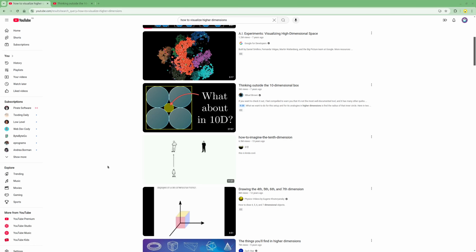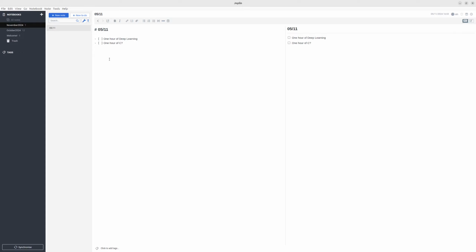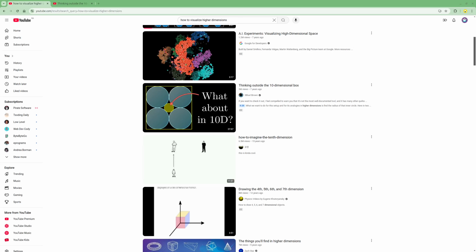So let me just write here before I even continue. So let's continue our deep learning from the activation function chapter. I'm gonna give this an OK. Remove.